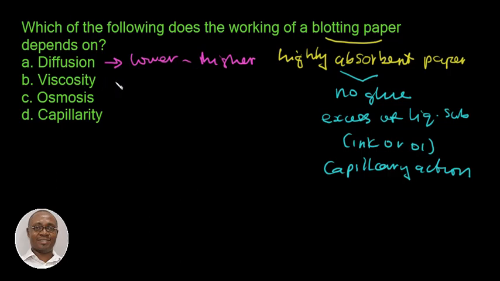Then option B says viscosity. This is the quantity that describes a fluid's resistance to flow. Okay, so this is not a property that makes the blotting paper able to absorb.